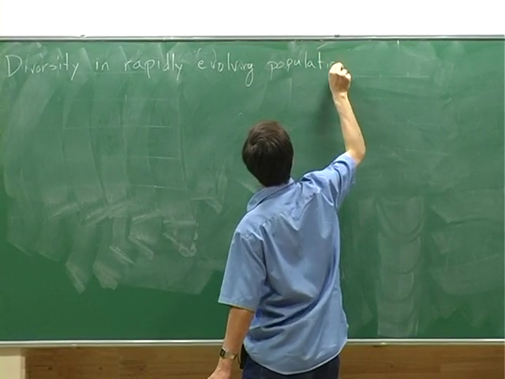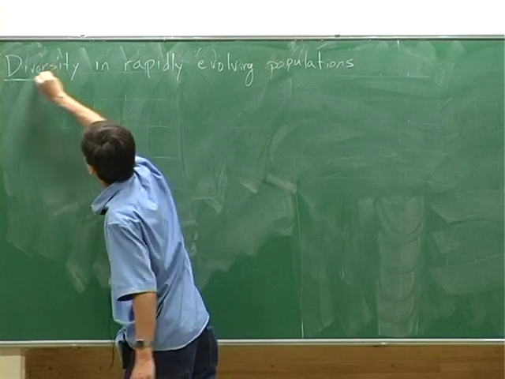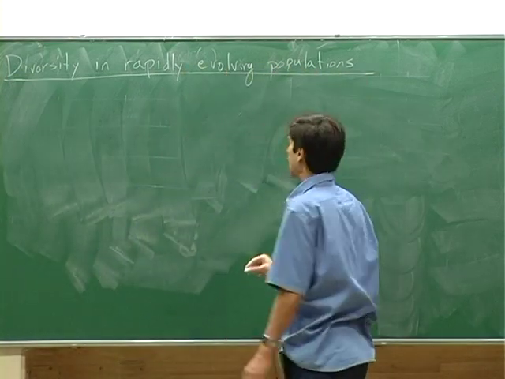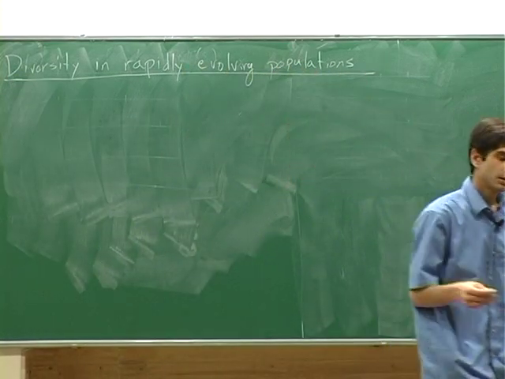And we'll think about the purely asexual case. Then I'll just very briefly say what would happen if you had some recombination.